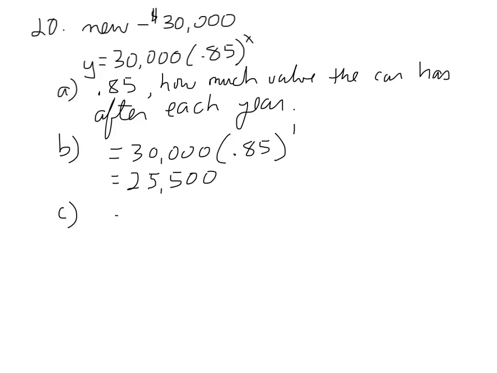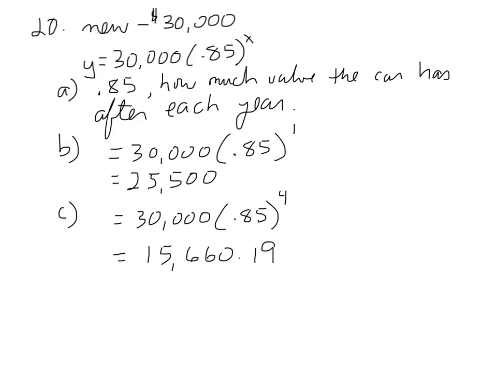After the 4th year, so 30,000 times 0.85 to the 4th power. So 30,000 times 0.85 raised to the 4th power, $15,660.19. So that's it. Good luck with this.